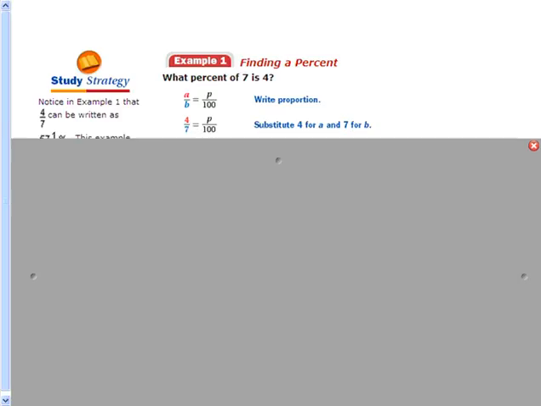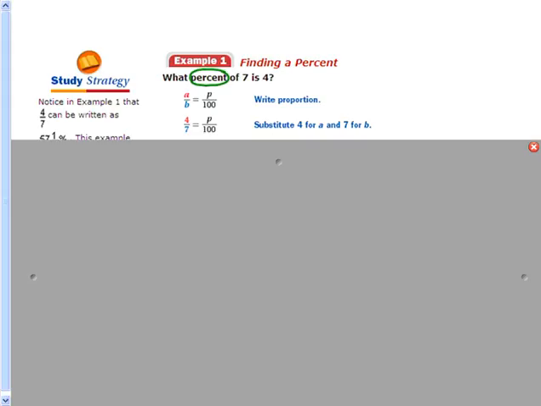Now, because it says what percent of 7 is 4, you could change that statement to make more sense to say what part of 7 is 4. So we're looking for something that's a part of 7. 4 is a part of 7, and we want to know what percent that is.